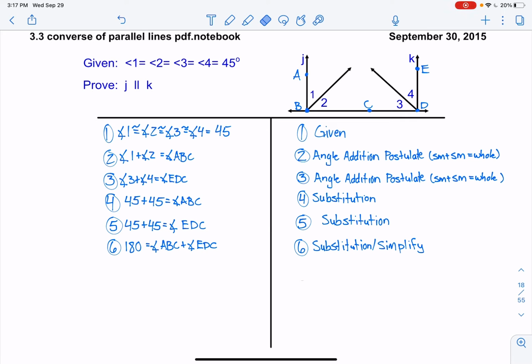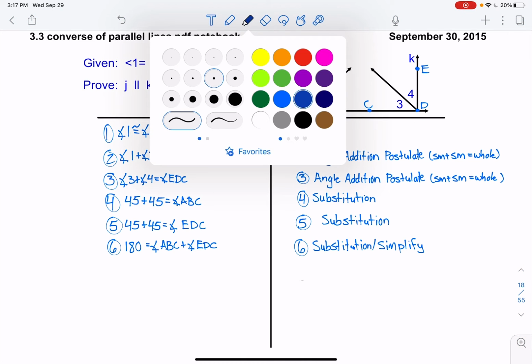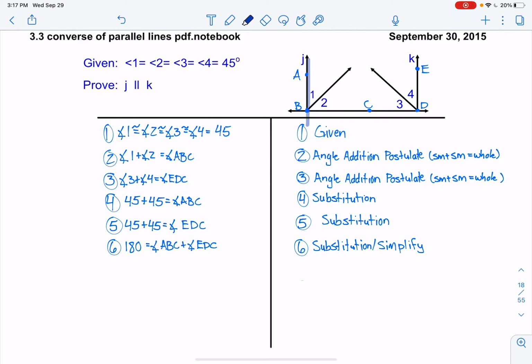Now, if we look at this angle plus this angle like this, think of this as my transversal that I just drew in.